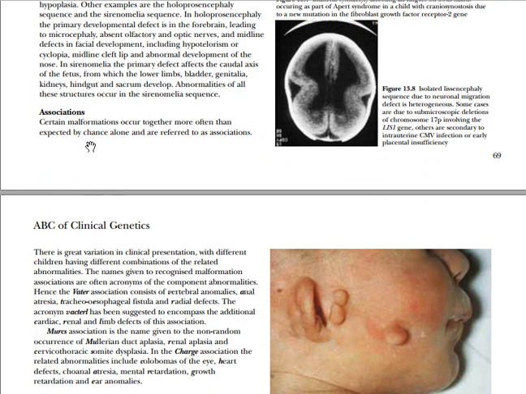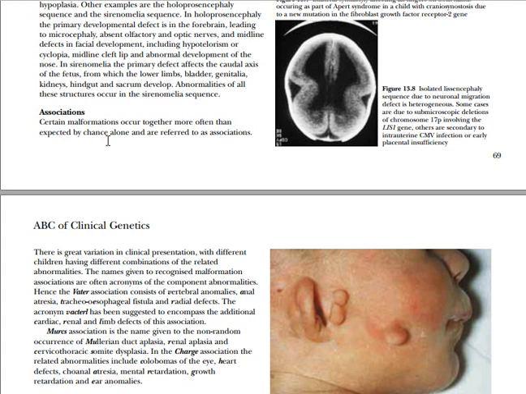So now the next one, we have association. Certain malformations occur together more than expected. So those are what are called associations. Normally, these are malformations in different systems which occur in similar patterns, but there is no common cause.